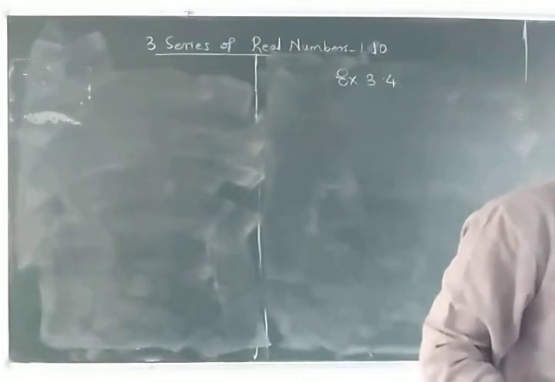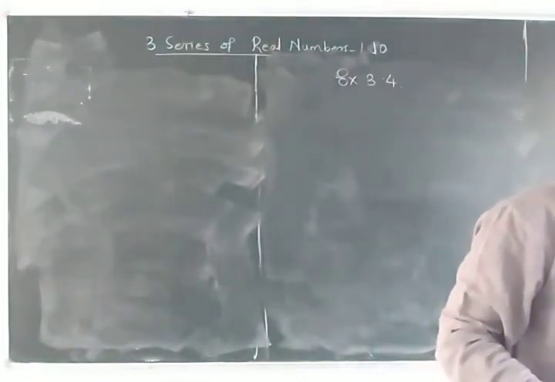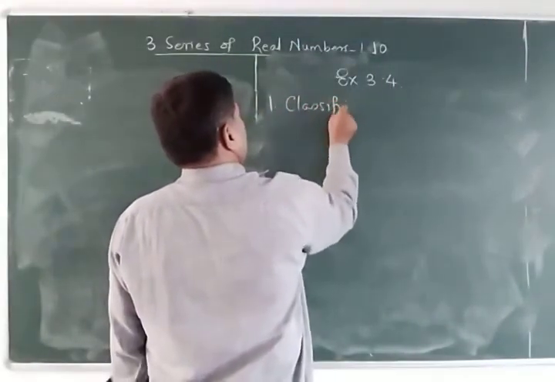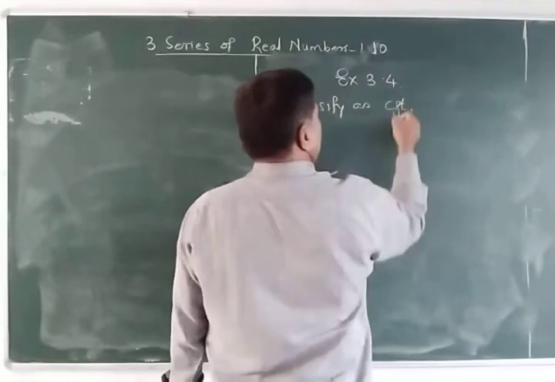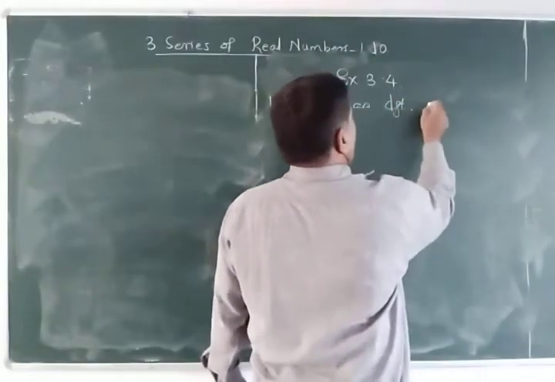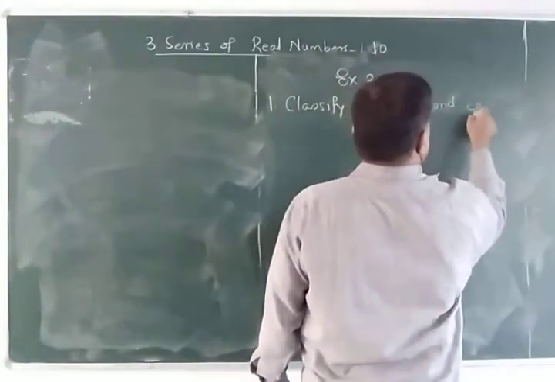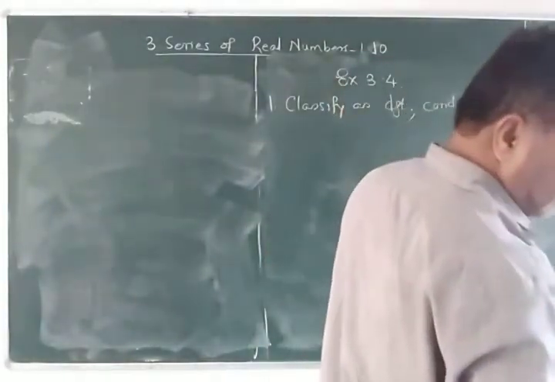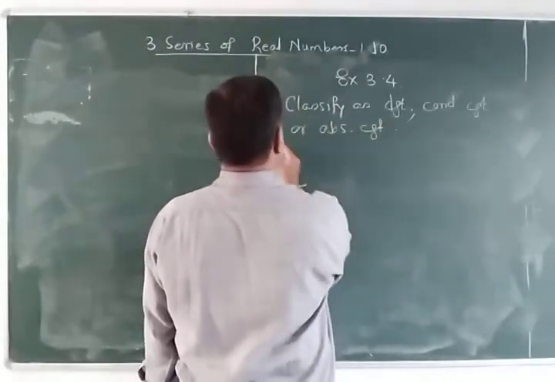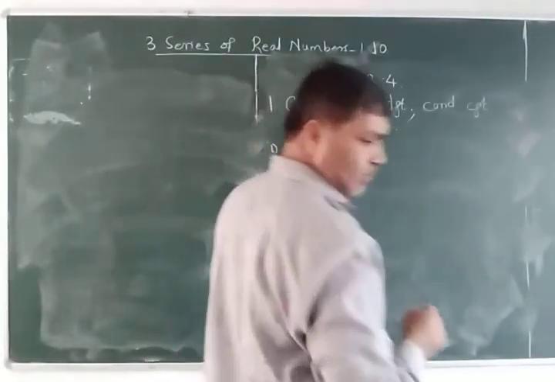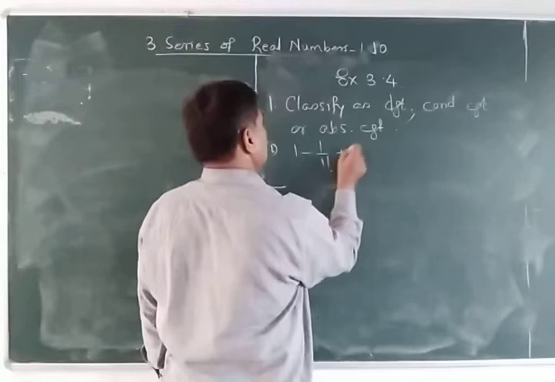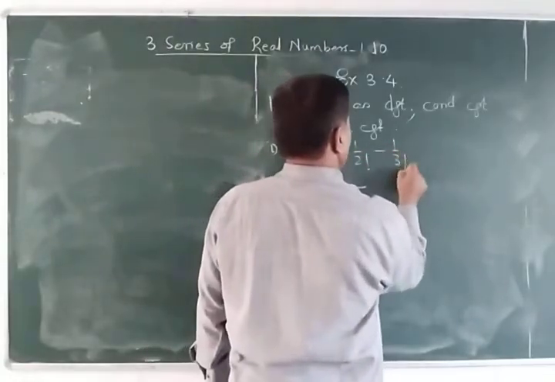Classify as divergent, conditionally convergent, or absolutely convergent. In that, the first is 1 minus 1 upon 1 factorial and so on.